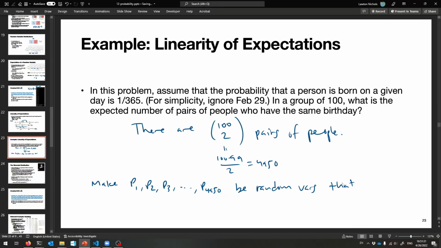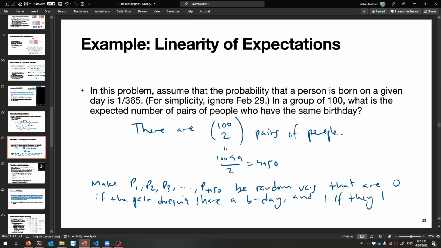Let them be random variables that are 0 if that particular pair does not share a birthday, and 1 if they do. So the random variable p1, for that particular pair of people, is going to be set to 0 if they don't share a birthday, and 1 if they do share a birthday.